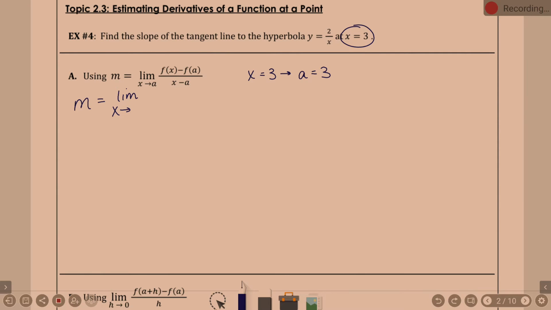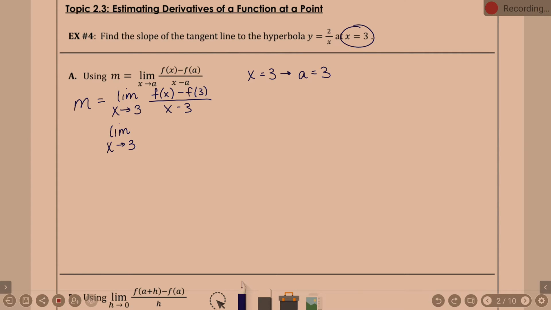So limit as x approaches 3 of f of x minus f of 3 over x minus 3. And maybe you wrote out that general formula to begin with. Maybe you jumped right into filling things in. I don't know. So is f of x y? Yes. Okay.